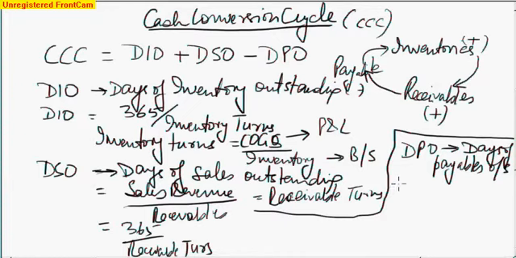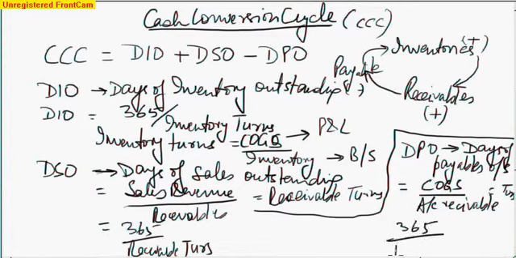Now this is calculated by cost of goods sold divided by accounts payable, which will again give the turns, and 365 divided by the payable turnover ratio will give you the days, the unit in days.